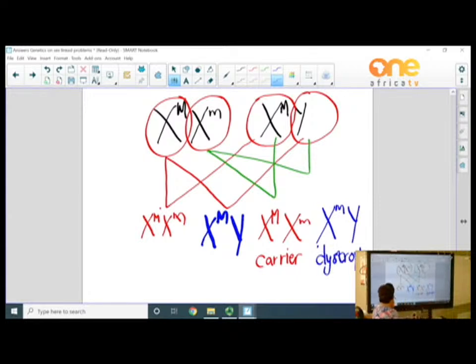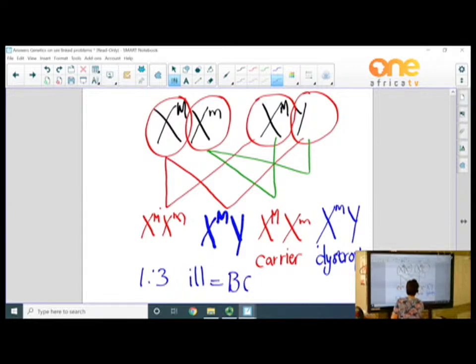You see, so when they have a 1 out of 4 chance, 1 out of 3, 1, 2, 3 chance to have an ill child with muscular dystrophy. And it will be the boy.